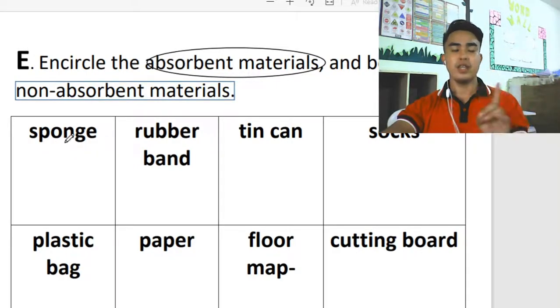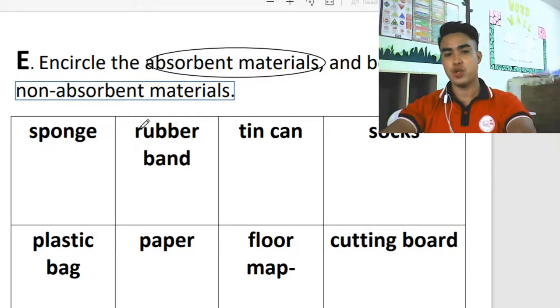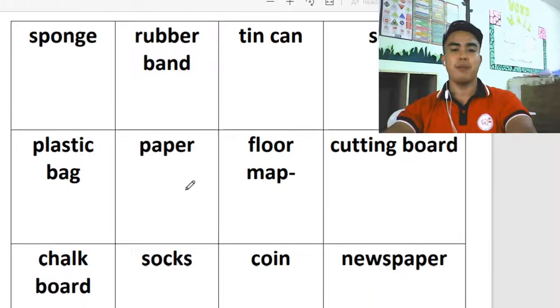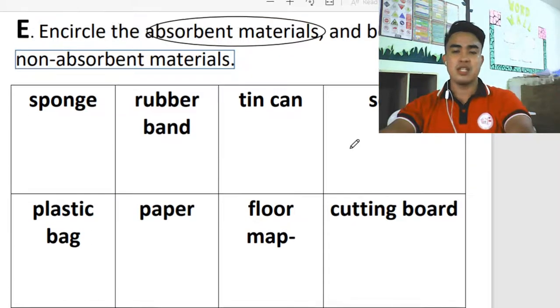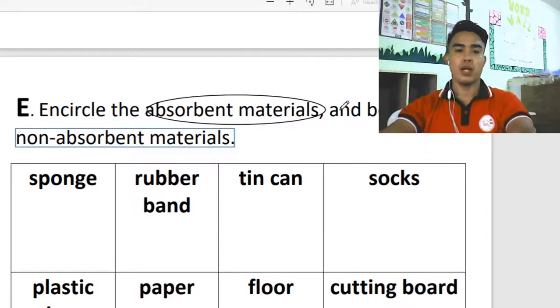If it is not, you're going to box the non-absorbent materials. Okay, it's like that. How about a rubber band? Is it absorbent or non-absorbent? How about tin can, socks, plastic bag, paper, floor mop? Okay, so just like that, you're going to encircle or box. Alright.